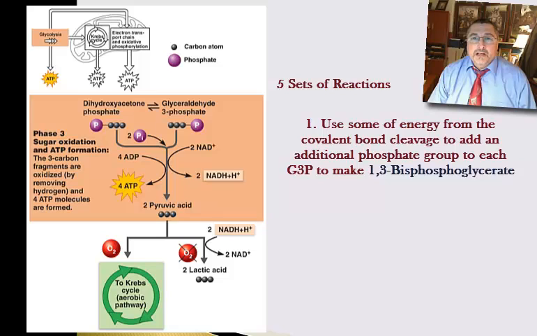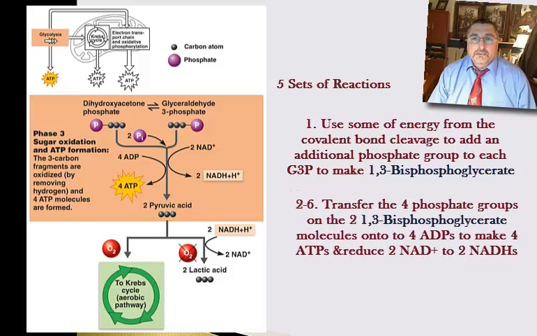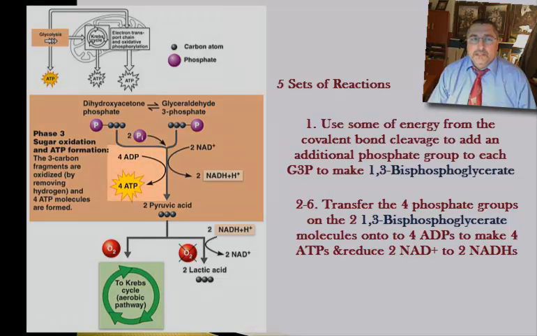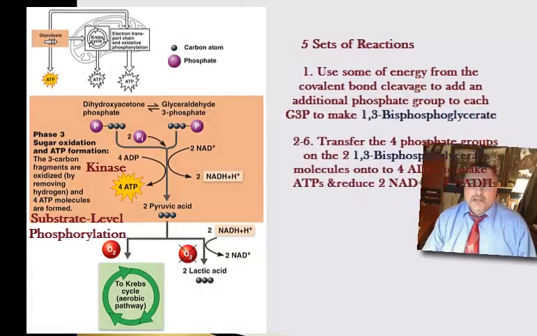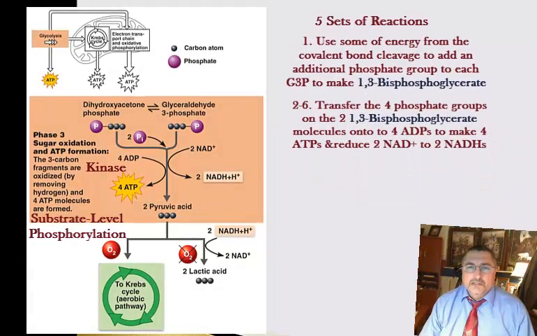The remaining 5 catabolic reactions will take advantage of this high energy state to transfer the phosphate groups onto 4 ADP molecules to generate 4 ATP molecules. Thus, we utilize kinase enzymes to generate 4 ATP molecules via substrate level phosphorylation. And we call this sugar oxidation.